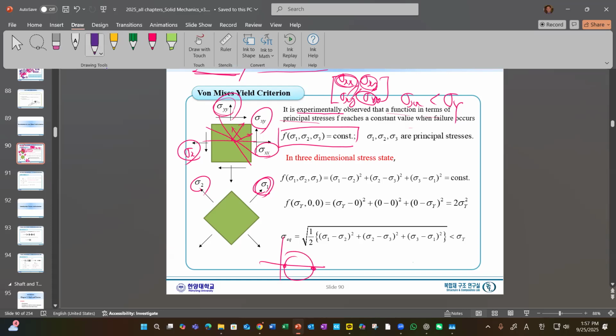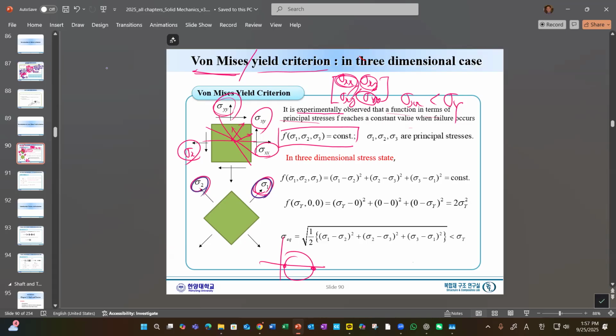So this is sigma 1 and sigma 2, and these are the principal stresses. And experimentally observed, this is important, they observed that always, when material fails, whatever function reaches a constant value. This is a very important observation.